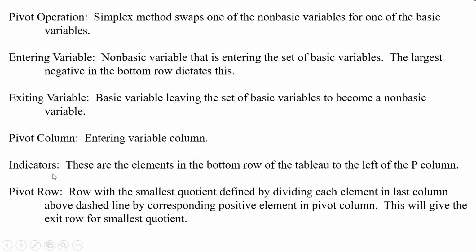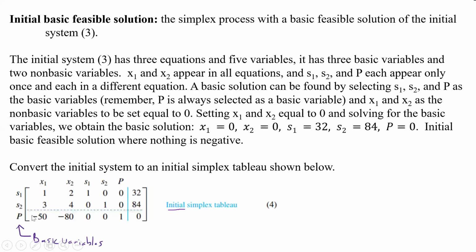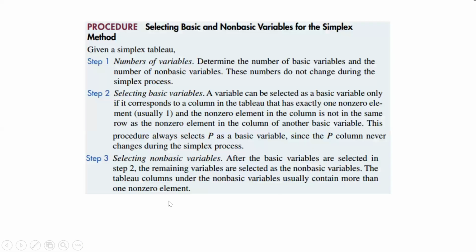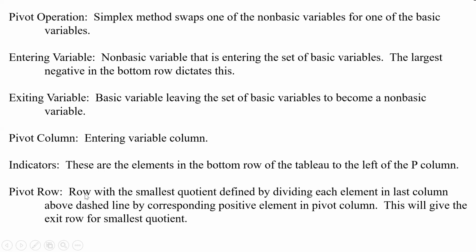Indicators, these are the elements in the bottom row of the tableau to the left of the P column. So the indicators are going to be all of these. Those first four are going to be the indicators, and that's where we're going to look for our negative values. Now, the pivot row is the row with the smallest quotient, defined by dividing each element in the last column above the dashed line by the corresponding positive element in the pivot column. And this will make more sense when we get to it.